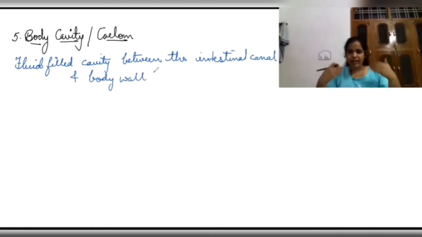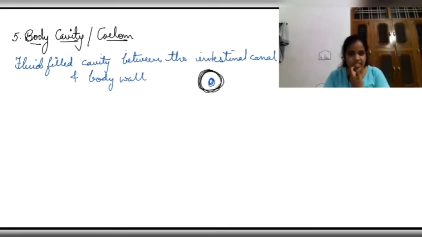So if I take the transverse section of my body, let's say this is the intestinal canal and then we have this body wall here, right? So in between that some cavity is present, you can see that cavity is actually the coelom. So I'll erase this part, it is not required.